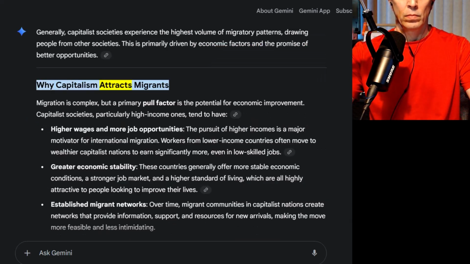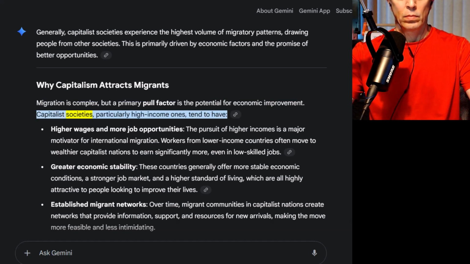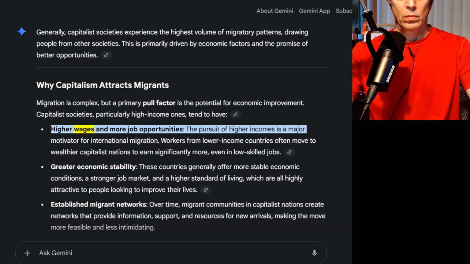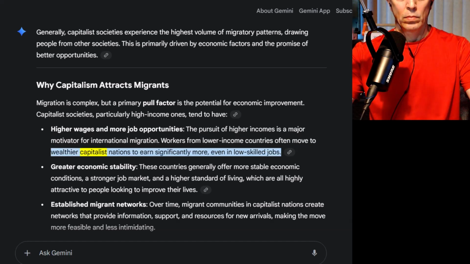Why capitalism attracts migrants? Migration is complex, but a primary pull factor is the potential for economic improvement. Capitalist societies, particularly high-income ones, tend to have higher wages and more job opportunities. The pursuit of higher incomes is a major motivator for international migration.